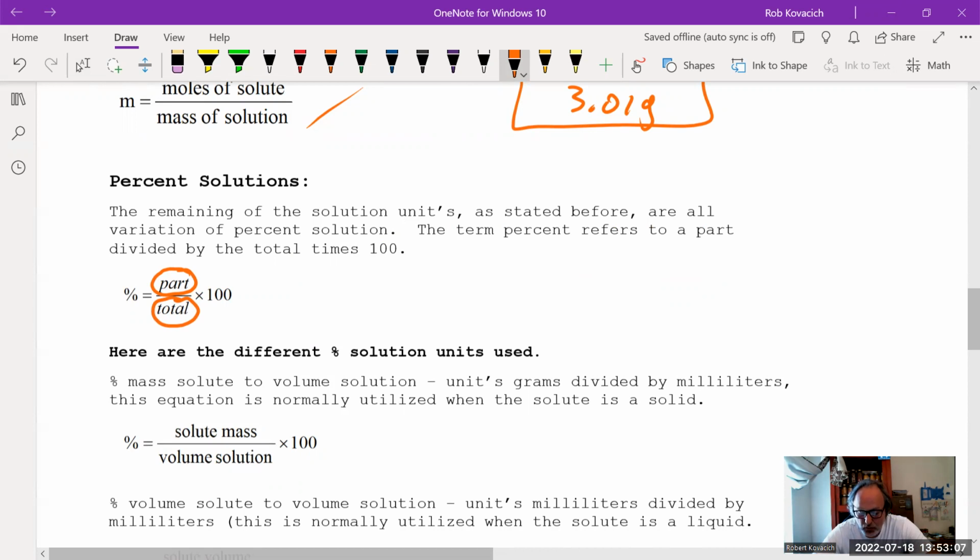So the way this works with solutions is I take the mass of the solute, divide it by the volume of the solution, and then multiply by 100.